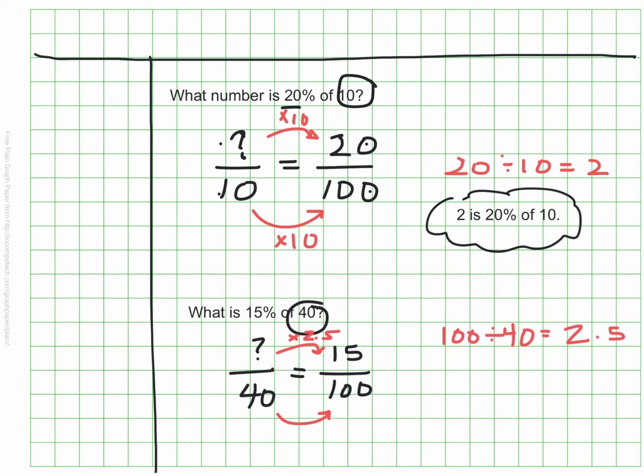So I'm going to do 15 divided by 2.5 to figure it out. I'll have to add a decimal and move it, and I'll find out that it's exactly 6. So 15% of 40 is 6. 6 is the number that would fit here to keep that equivalent ratio.